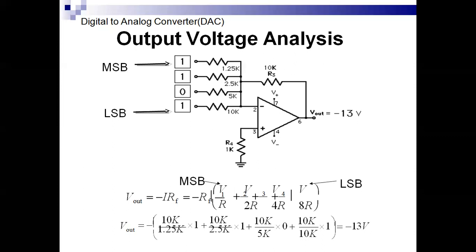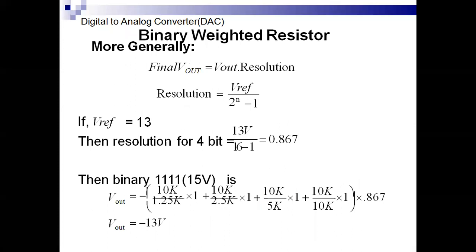So here we are simply counting according to V equal to minus IR. The value of LSB and MSB is given over here. The binary input, that is digital input, is converting into analog output. Here minus 13V. For a simple binary weighted resistor, generally we can calculate the final V out equal to V out dot resolution. Resolution equal to VREF upon 2 raised to n minus 1.